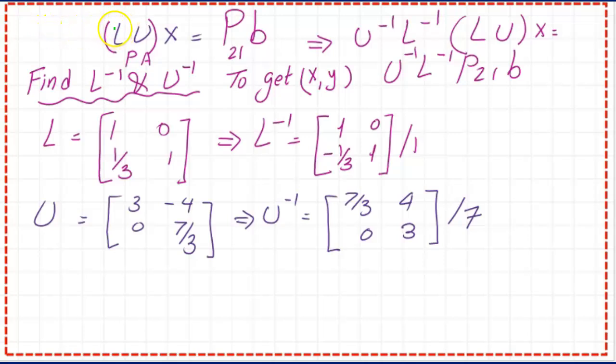L by L minus 1 will lead us to I, and U minus 1 multiplied by U will lead us to I. So at the end we have I by X equals, and we check the right hand side. We have multiplied by L minus 1, and this is PA, so this is P21 by B. On the left side, L minus 1 is the inverse of the lower matrix, and U minus 1 is the inverse of the upper matrix.